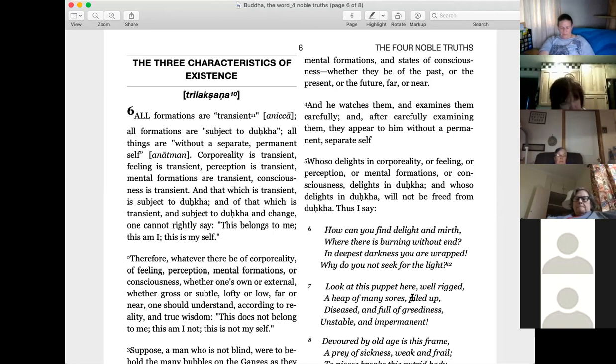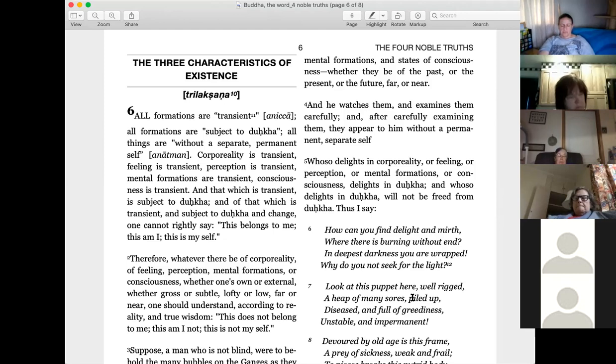Or we're having a happy time and we know that at some point it's going to end. And so we experience dukkha because we're worried about the happy time ending. And so we are conditioned by the very nature of the transient qualities of our experience to have dukkha.